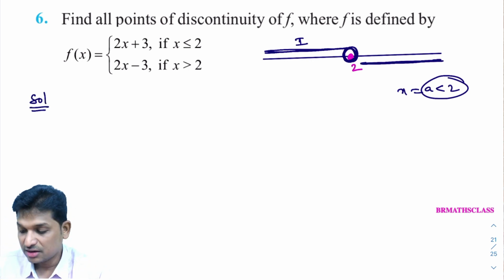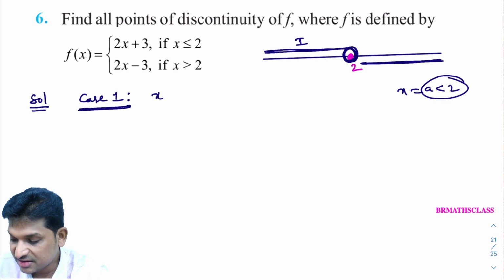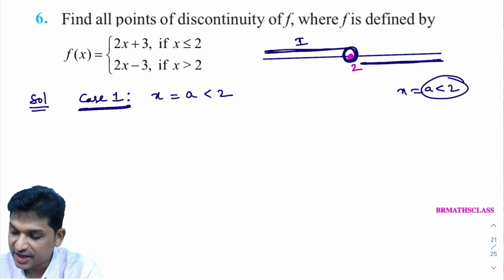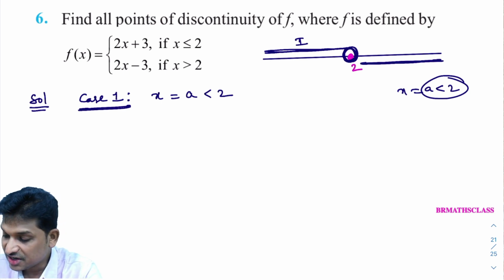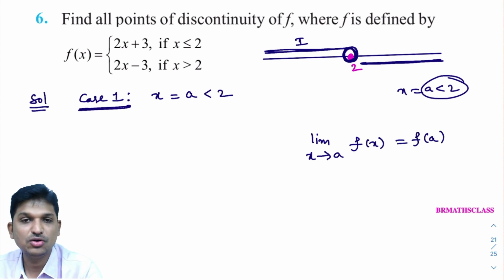Solution. I said I'll do this problem in 3 cases na. Case 1. What is case 1? X equal to a value is less than 2. Actually, what I am trying to say, when I say a function is continuous at x equal to a, limit x approaches to a, f of x equal to f of a, then we say function is continuous at x equal to a.